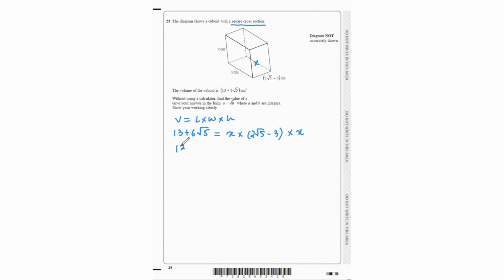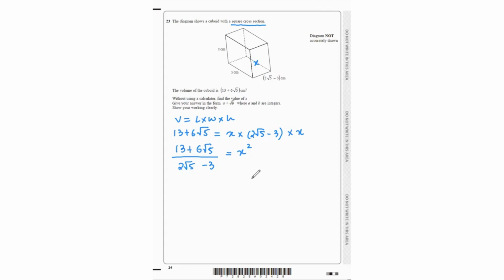So let's first divide the 13 plus 6 root 5 by 2 root 5 minus 3. On the right hand side, let's keep the x squared. Now first, I would begin with rationalizing the denominator for the fraction on the left hand side, and then gradually we move on to finding the value of x.